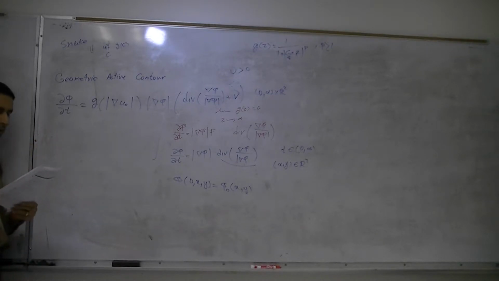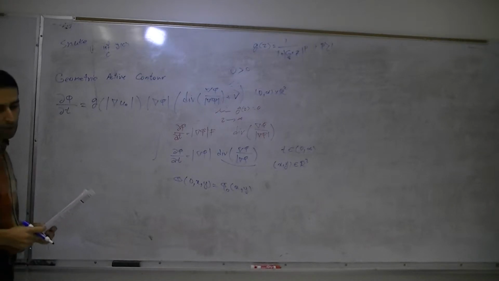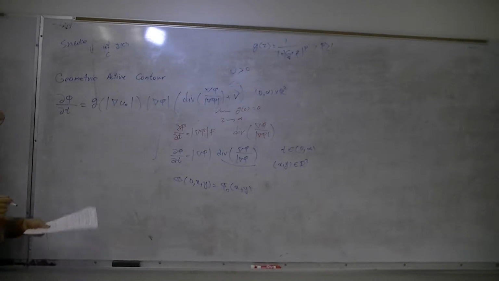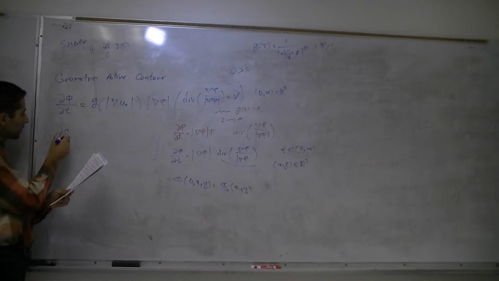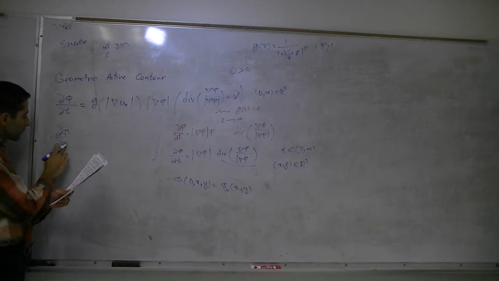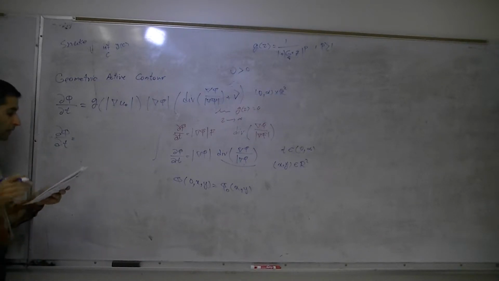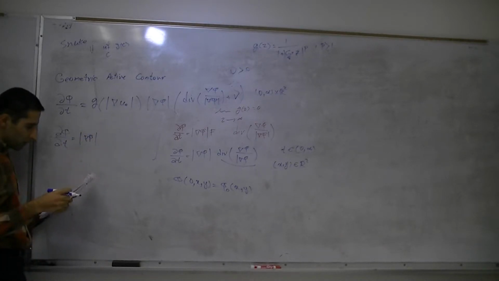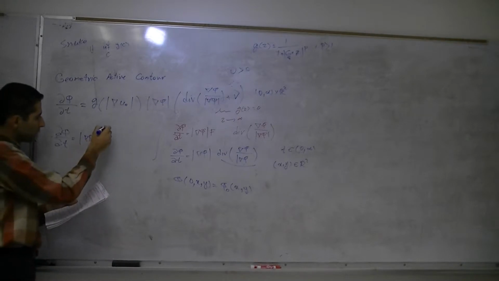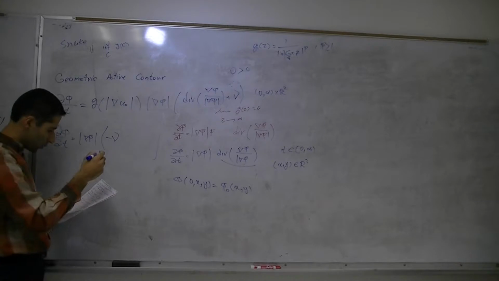It's the reference 14 of the paper, the name is Active Contours Without Edges. In this model, changing the phi function depends on the absolute value of the gradient, and they define a positive value nu.